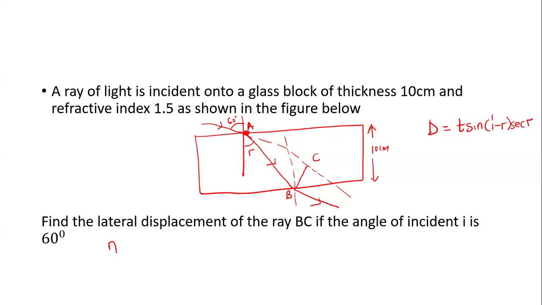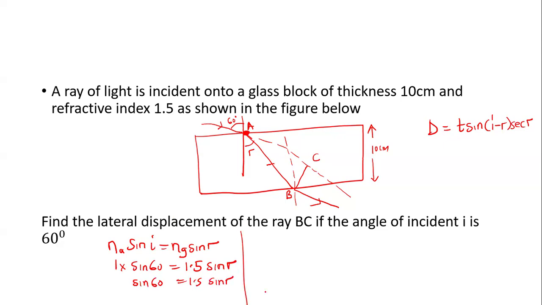So you'll say that our light is coming in from the air, sine of I should equal N of glass, sine of R. So meaning that air is 1 times sine of 60 is equal to N glass, which is 1.5 sine of R. So here you'll have sine of 60 is equal to 1.5 sine of R. Then when you continue, you'll ask yourself, what is sine of 60?